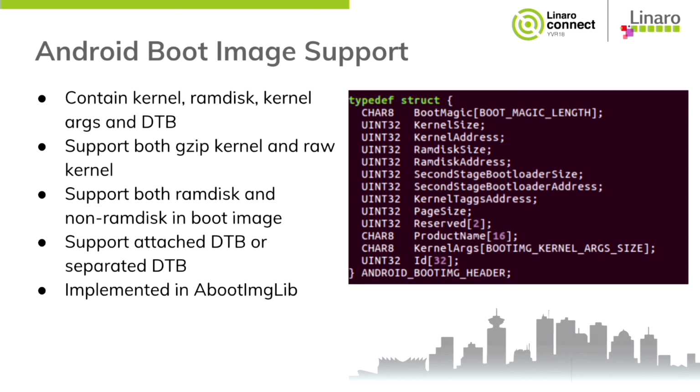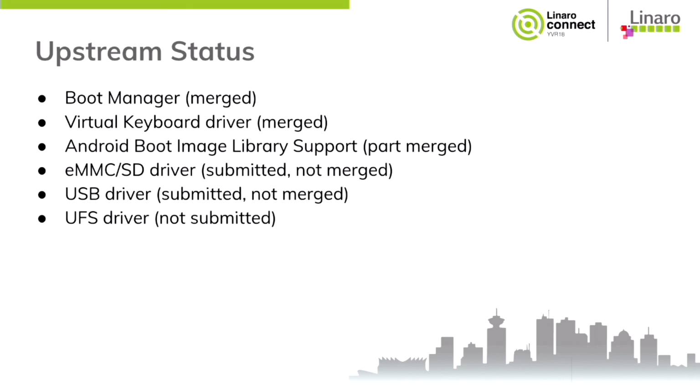This means that we can also attach the DTB at the end of the kernel to be compatible with the old version on HiKey. We could also use the separate DTB that is built in the UEFI. All this implementation is contained in the PlatformBootManagerLib.